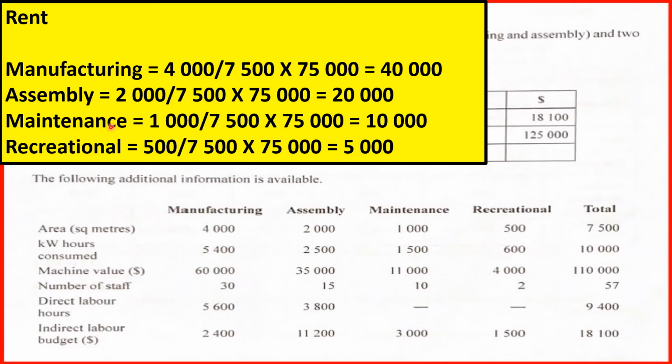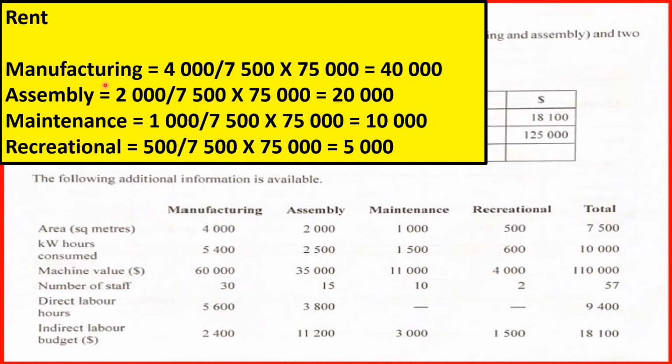We do the same with maintenance: 1,000 over 7,500 multiplied by 75,000, and we get 10,000. Recreation, 500 over 7,500 multiplied by 75,000 equals 5,000.